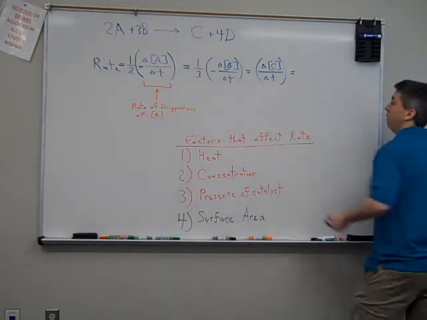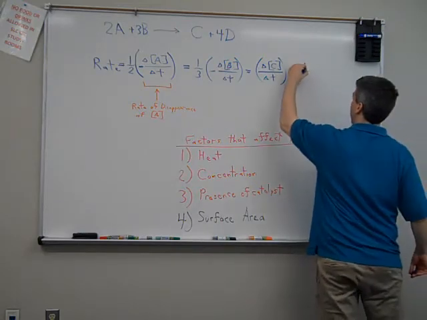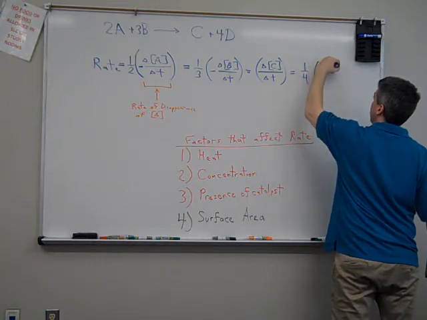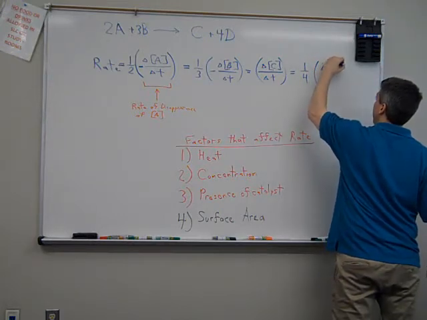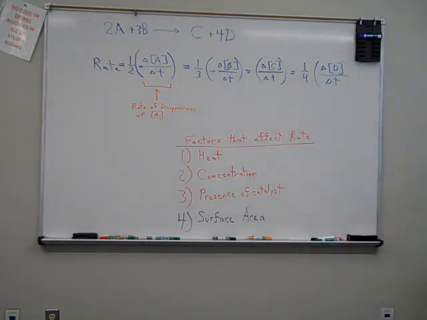All right, and then what about the last one? 1 over 4, delta concentration of D over delta T. All right, absolutely.